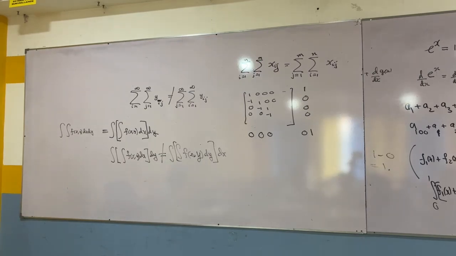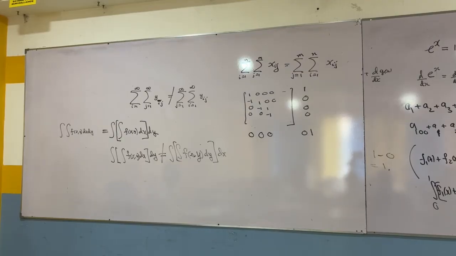Integral means addition. So infinite double sums do not commute, and double integrals do not commute, as with infinite series. So I am not going to go through the details here.